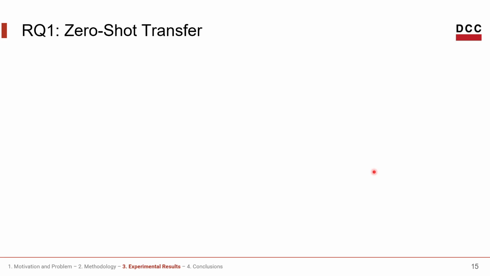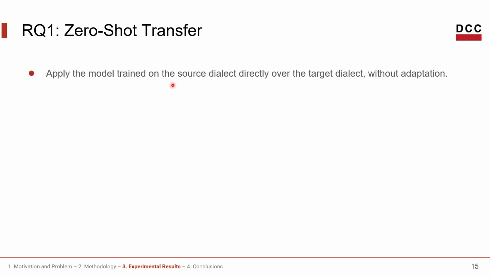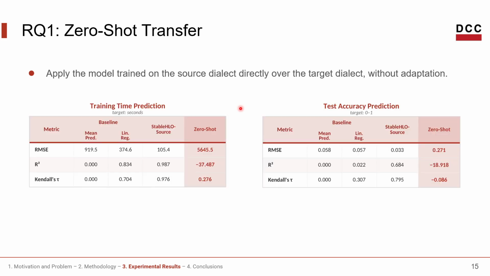So before I go to the fine-tuning experiments themselves, there are two research questions here which are important. The first one is about zero-shot transfer. So the idea of zero-shot transfer is to apply the model trained on the source dialect directly over the target dialect without any vocabulary changes or any sort of adaptation. But the thing is, this approach pretty much just fails.